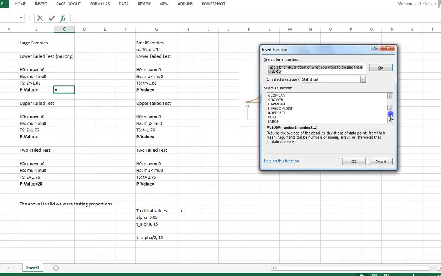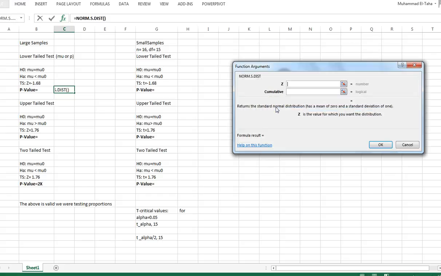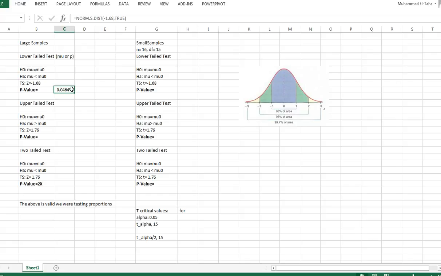We're going to use NORM.S.DIST, the standard normal distribution. My z value is negative 1.68, and I say TRUE, and that gives me the p-value immediately.